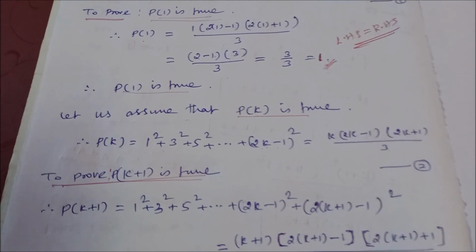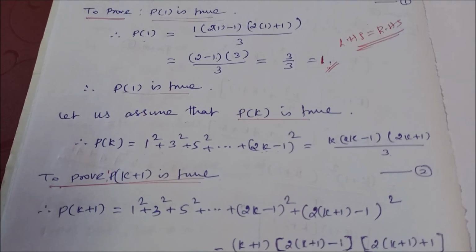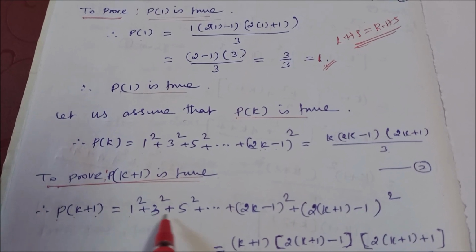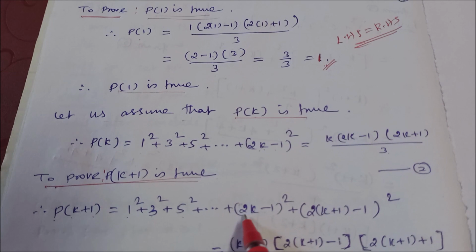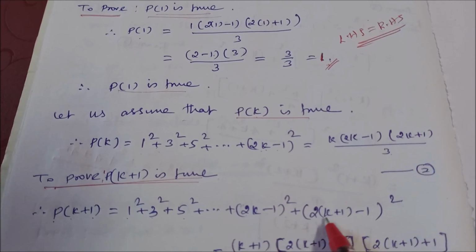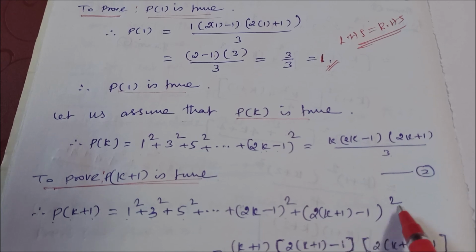So replace k by k plus 1 in the given equation. So P of k plus 1 equals 1 square, 3 square, 5 square, etc., 2k minus 1 whole square, plus 2 into k plus 1 minus 1 whole square.